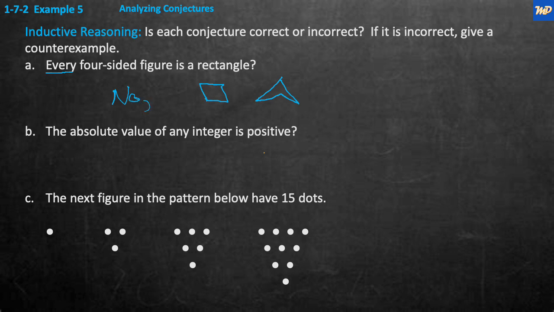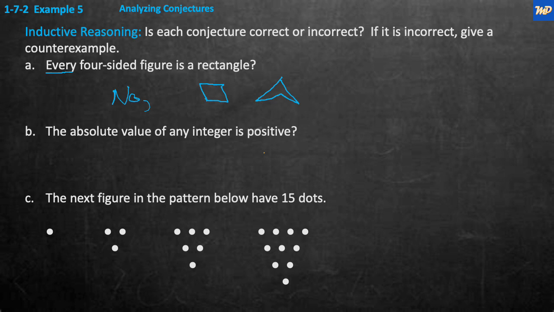The absolute value of any number is positive. This is a bit of a tricky question. So I think you need to think about integers. And what are integers? So integers are all the counting numbers, 1, 2, 3, 4, 5, right? So we can add 0 into this, and then we can add the negative numbers, -1, -2, -3. Those are our integers.